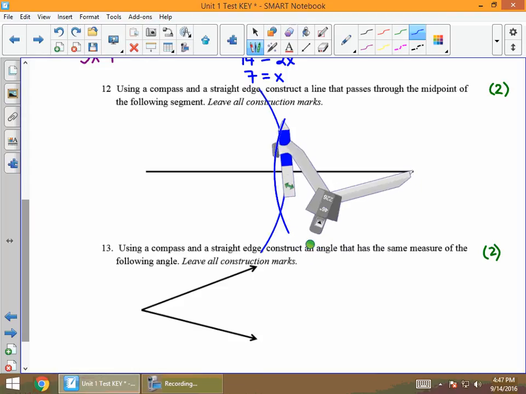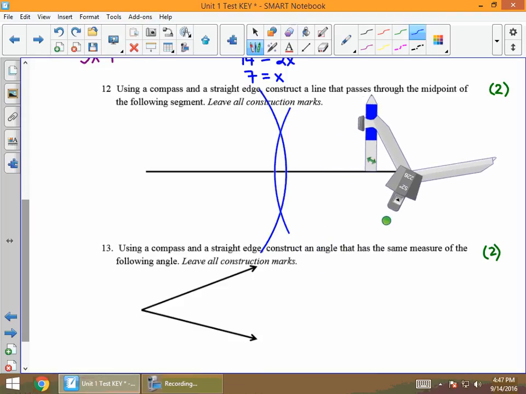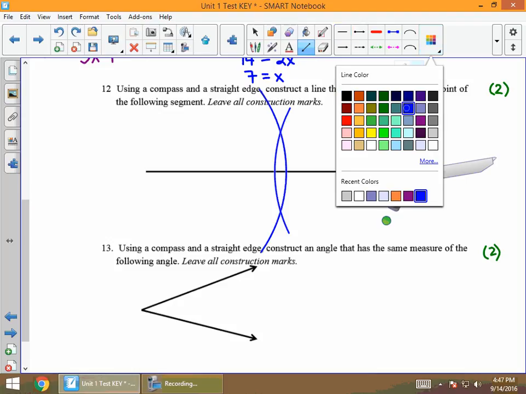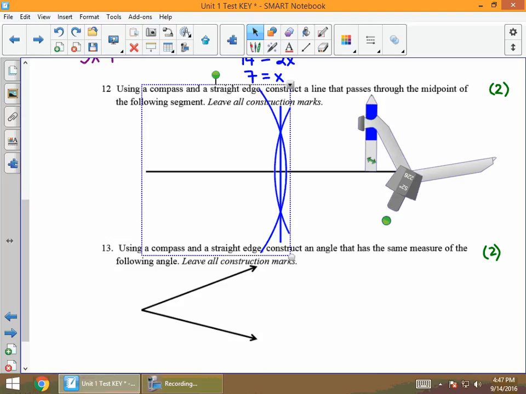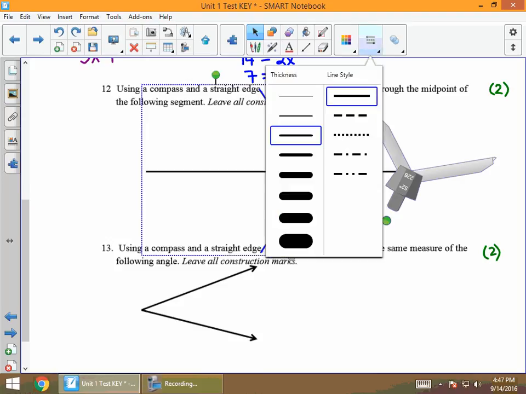Then I do another arc. And then I connect where the two arcs meet. So I just connect right through there. So let me make the construction marks a little bit fainter.